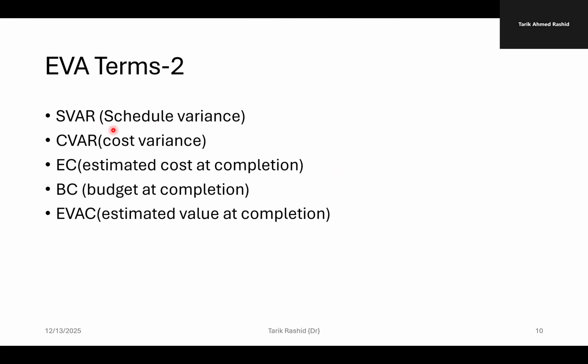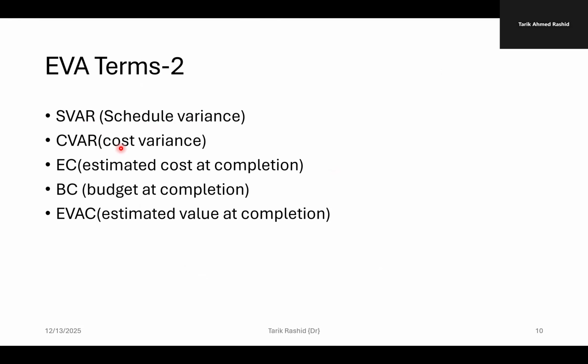There are more terminologies, for example, schedule variance, which is equal to budget cost work performed minus budget cost work scheduled.